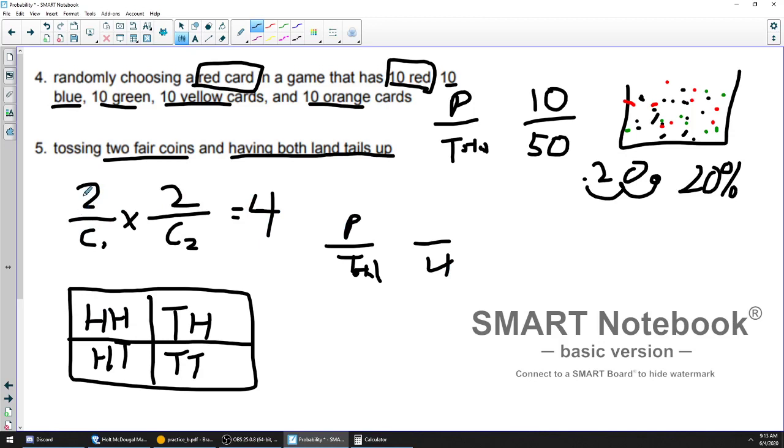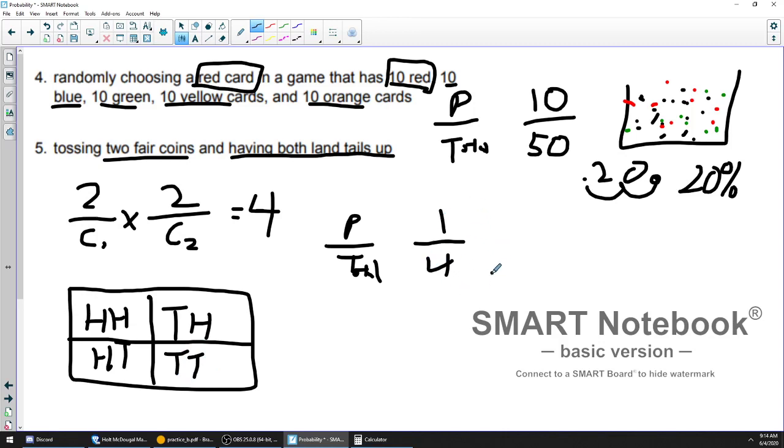We have 2 sides to this coin, 2 sides to this coin, for a total of 4 sides possible. And what's my probability of getting both tails up? Well, there's only one combination of tails on both coins. So my probability is 1/4.